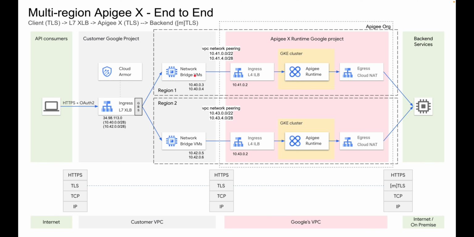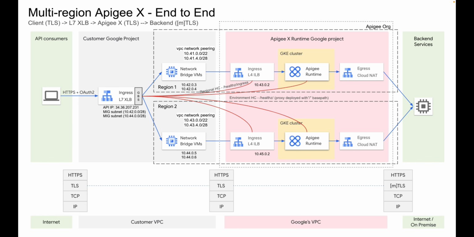Here we are using bridge VMs in this situation, from the global load balancer through the different backend services that have been defined, the first one in region 1, the second one in region 2, with backends of type MIG, Managed Instance Group, with dedicated VMs, in order to be able to communicate with the Apigee runtime through the VPC peering, as we have seen.